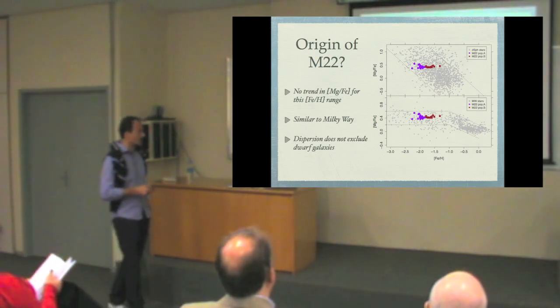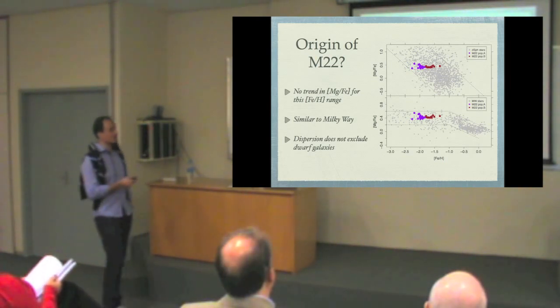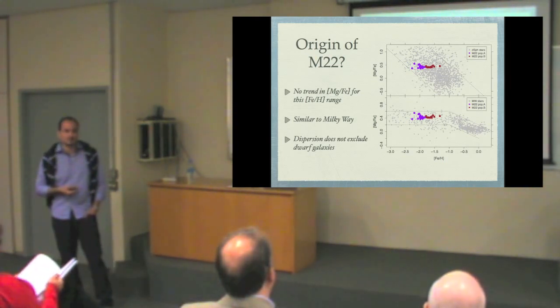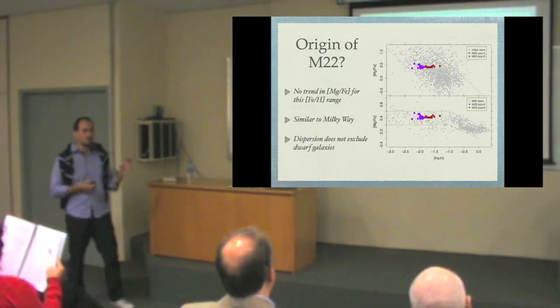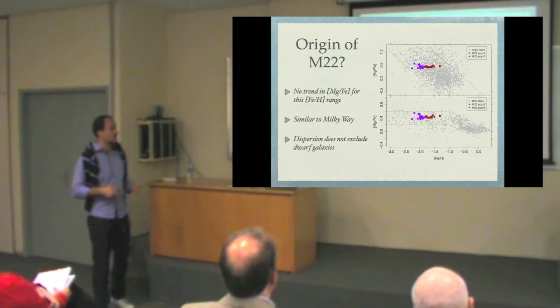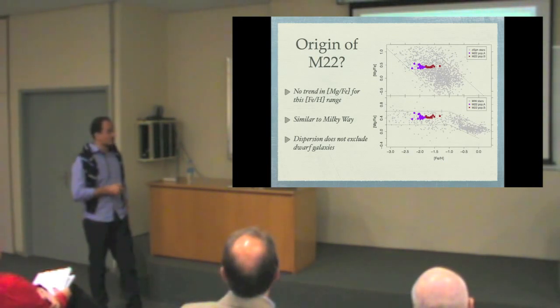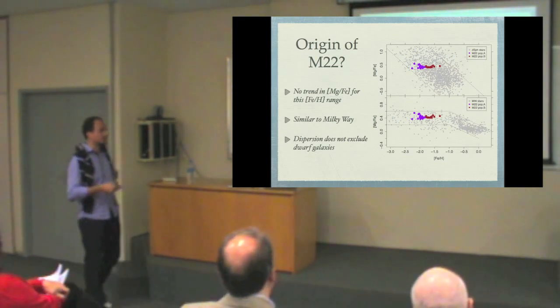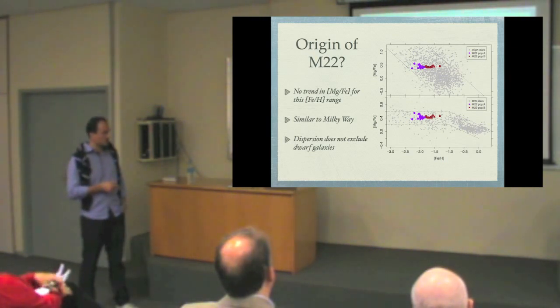Just to compare and see here that if there is an extragalactic origin for this cluster, which means that it was formed inside a dwarf galaxy and then disrupted and captured by the Milky Way, it should have a chemical enrichment pattern of a dwarf galaxy. So that's why we compare here with a dwarf galaxy also.